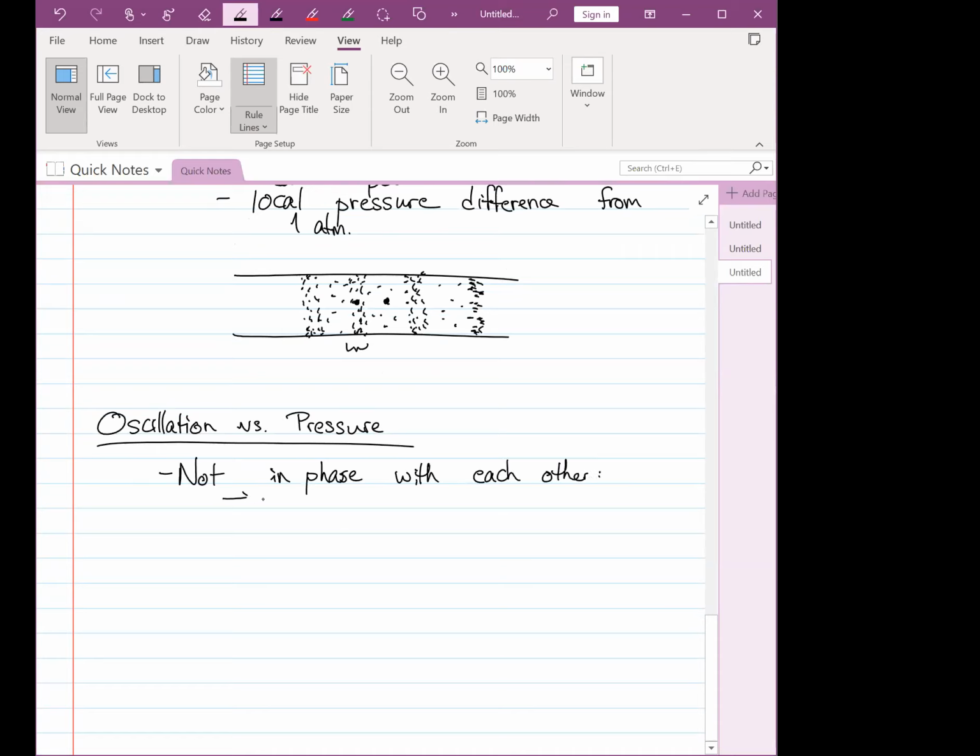This is to say the maximum displacement away from its average position occurs when the pressure is at equilibrium, and vice versa. So this just implies that the displacement is 2 pi radians out of phase from the pressure wave. Sorry, not 2 pi, it's pi over 2 radians out of phase.